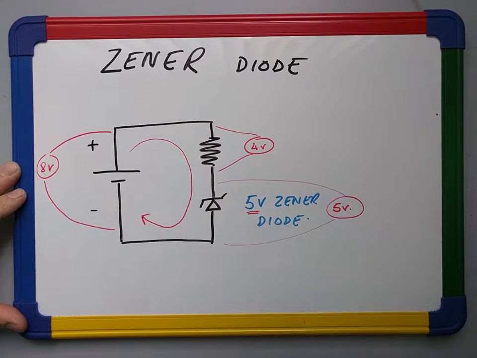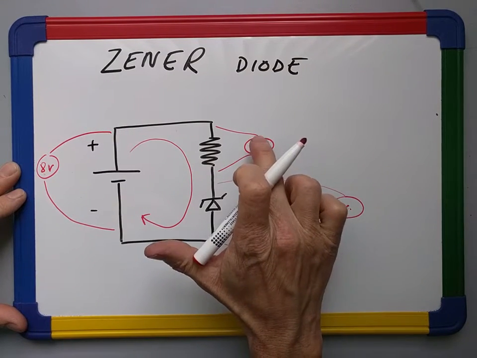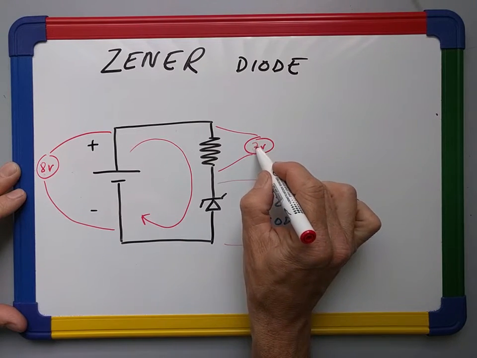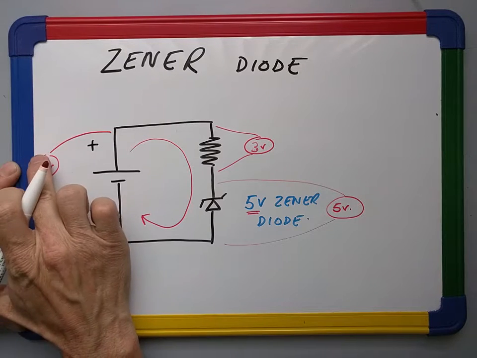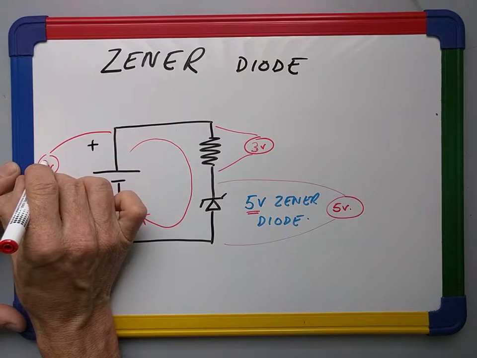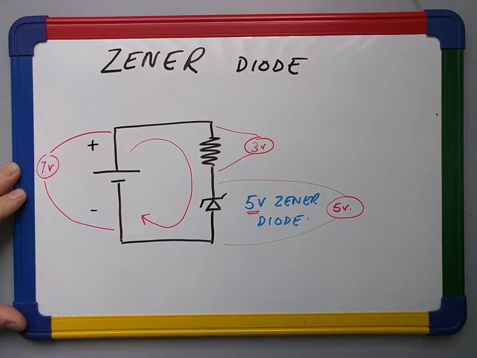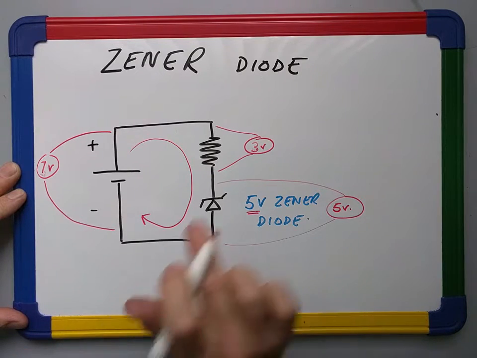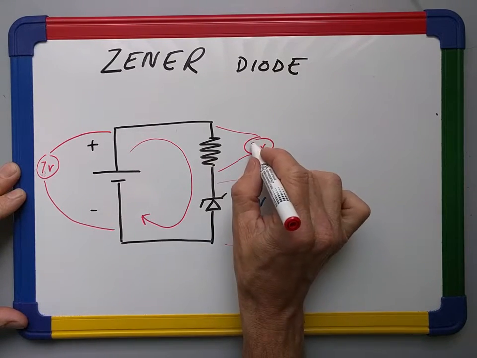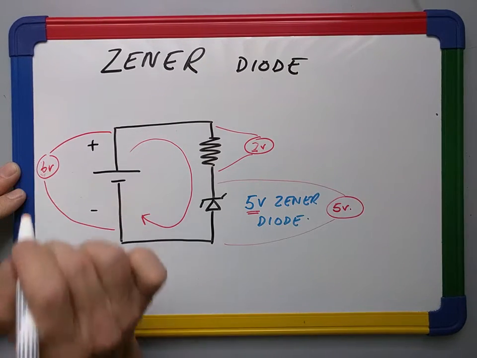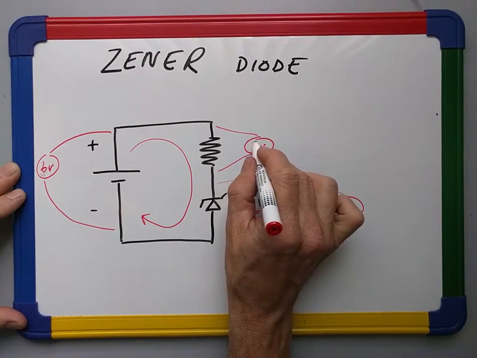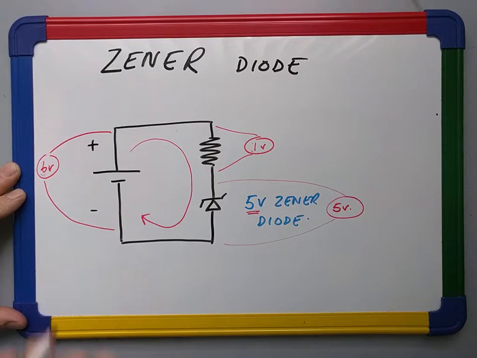The zener diode voltage is going to remain 5, and this will have dropped down to 3. 5 and 3 giving us 8. A little bit later again, the battery's almost dead, it's down to 7 volts. Zener voltage remains 5, this voltage goes down to 2. Battery drops to 6, this becomes 1, this is 5.